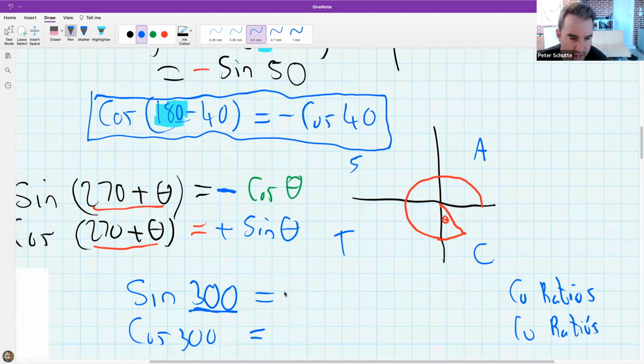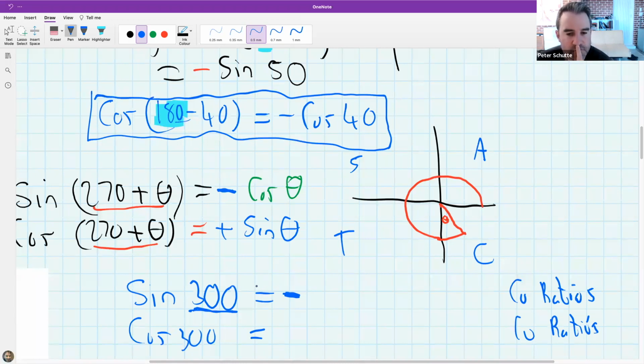Negative. Okay, perfect. So we know that bit. Now we have a choice. If we were using the horizontal axis, we would be talking about 360, but we can't use co-ratios. So in that case, and this question asks us to use co-ratios. So what is the nearest vertical axis to 300?